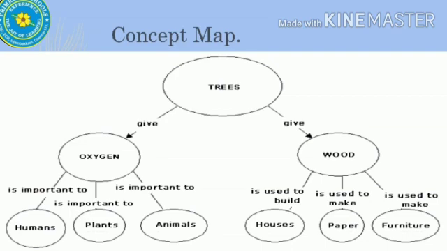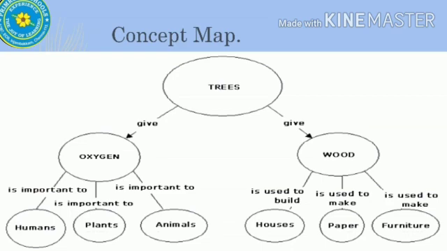You must write a paragraph about trees. So first and foremost, you must take a paper, your pencil, and write down the topic on which you must write the paragraph. Now, jot down the important points about the topic.